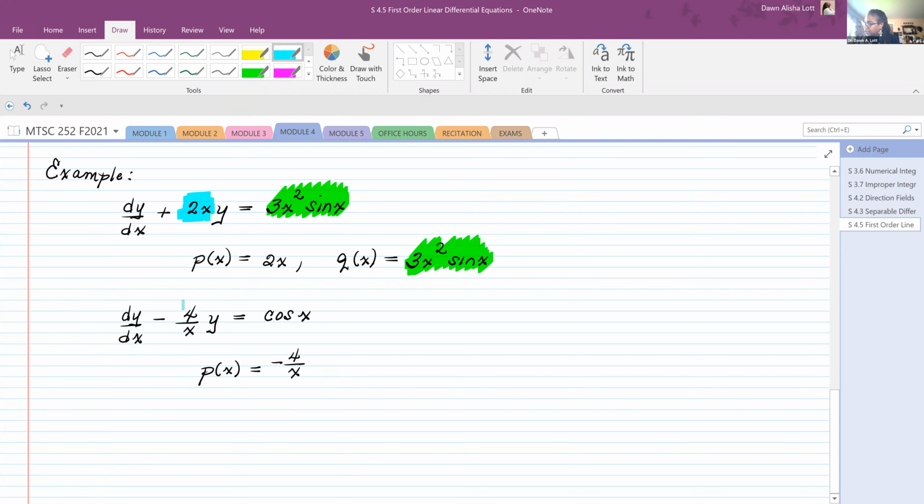That is the thing that is in front of the y. And then q of x is just cosine of x. Okay, any questions about a differential equation that is first order in standard form?